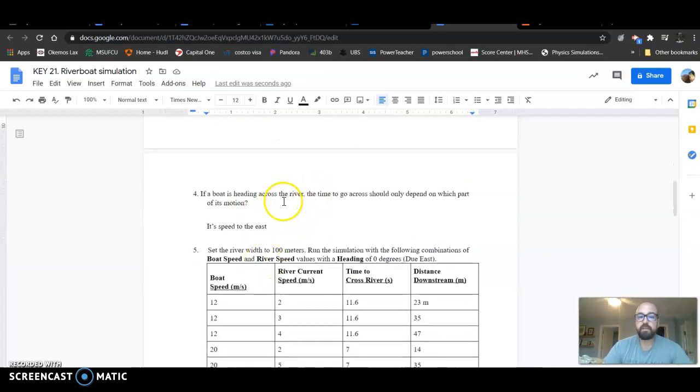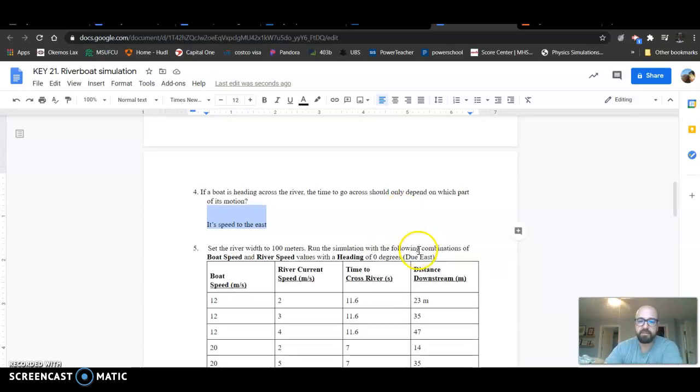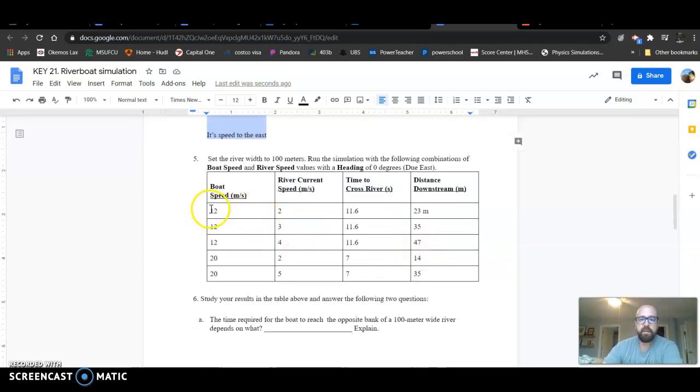So if the boat's heading across the river, the time to go across really only depends on which part of its motion, and that's its speed to the east. So that was a key thing that you would figure out as you kind of played around and got some data at the beginning of this. And then getting this data table done kind of confirms that.